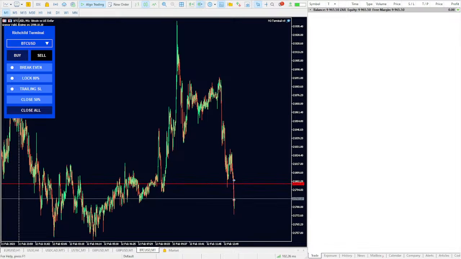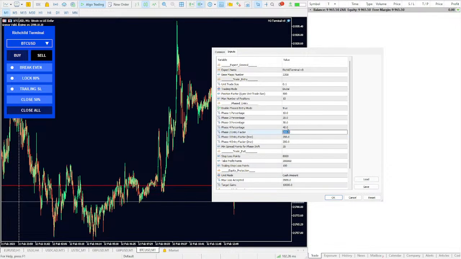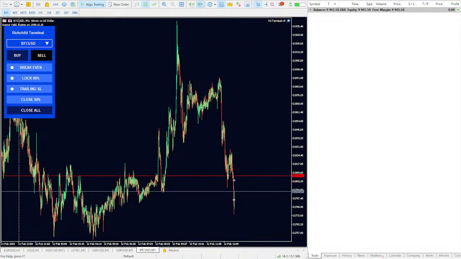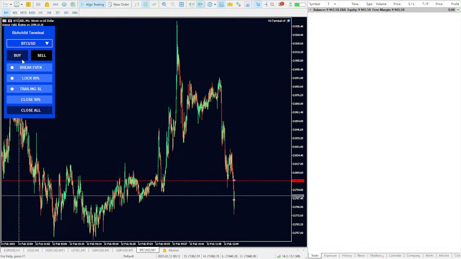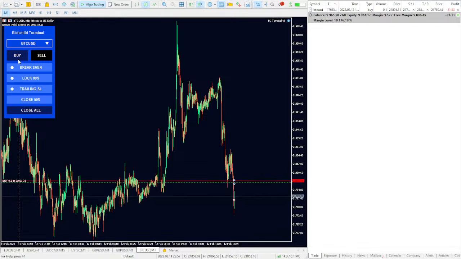Weekend is not always a good time to trade because of the spread, but this will definitely work. We're going to put 100% of the trade so that you can see this working. Okay, so let's place a buy. It opened one trade.